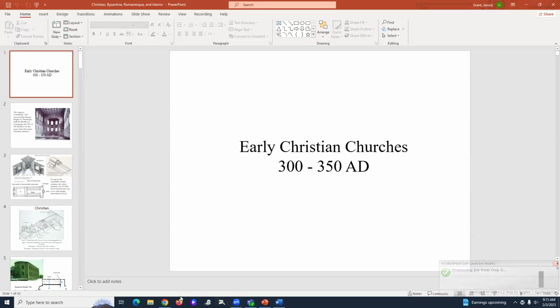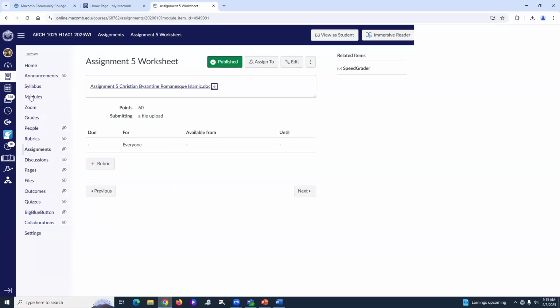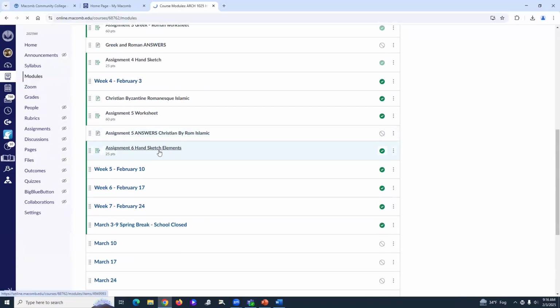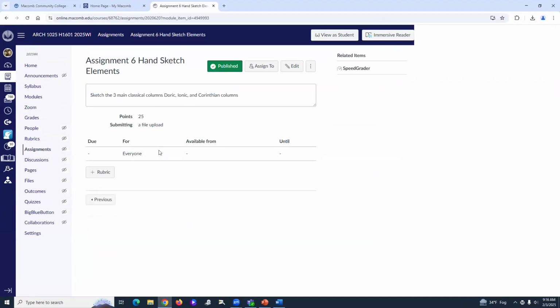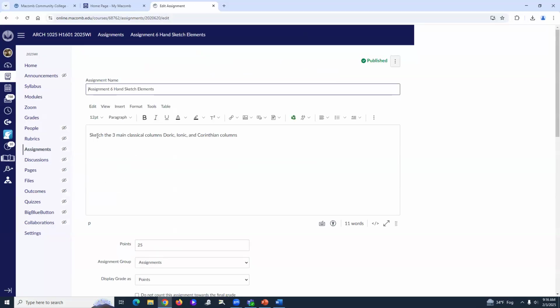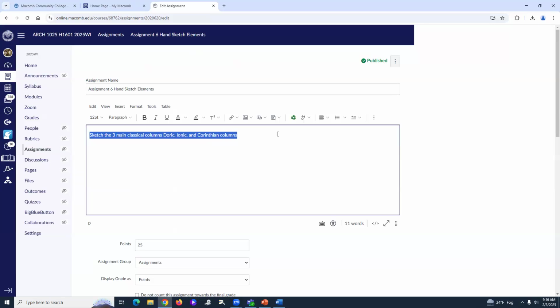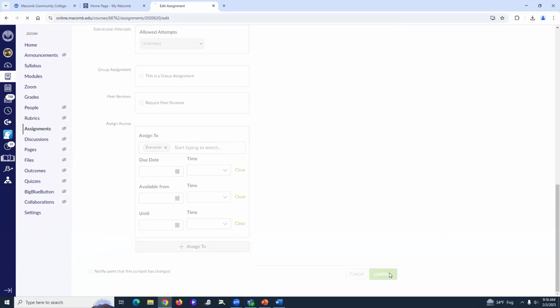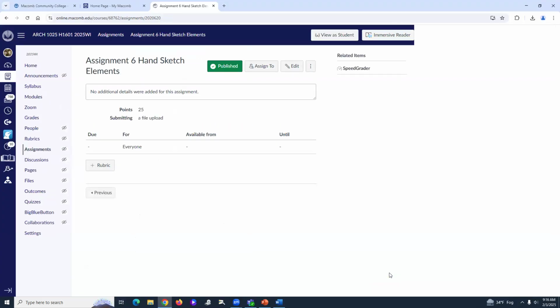So when I talk about over here, hand sketches, the elements that we're going to be working on today, those four styles that we're going to do.